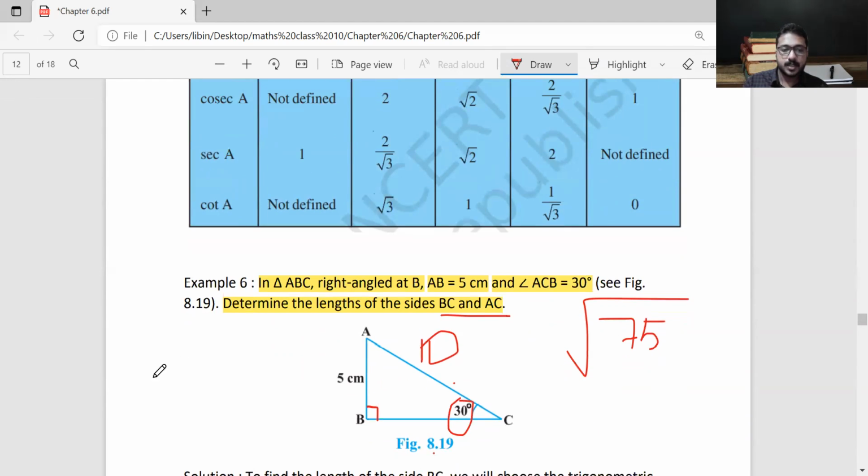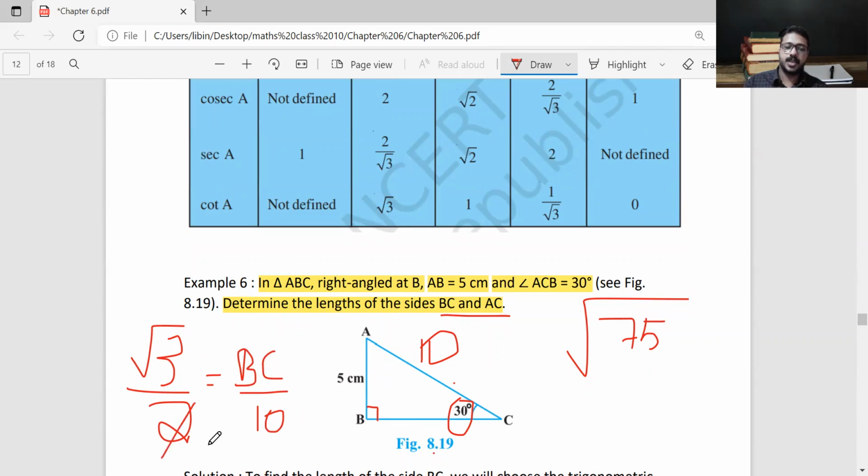That is, root 3 by 2 is equal to BC divided by the hypotenuse, which is 10. So I am cancelling 2 and 10, and I will get the value of BC as 5 root 3. In either case, both are the same.